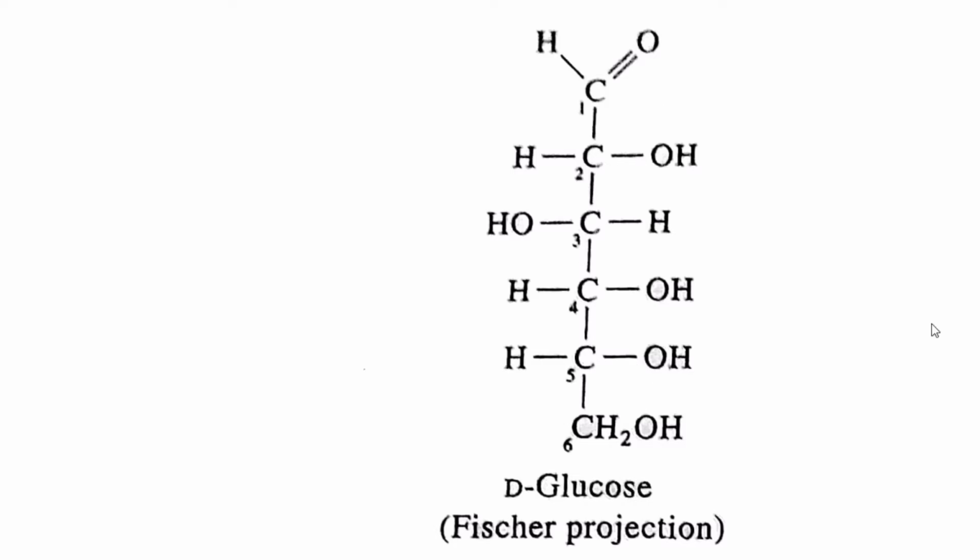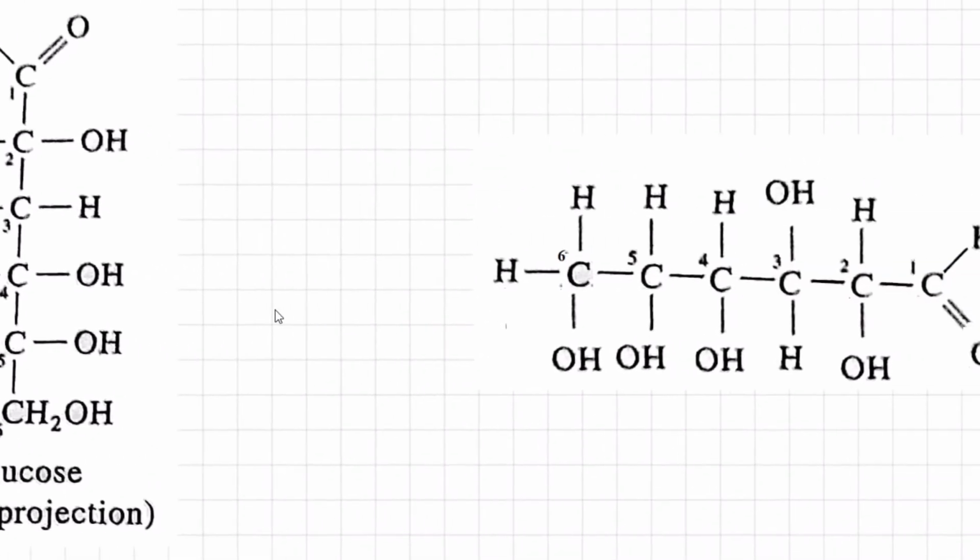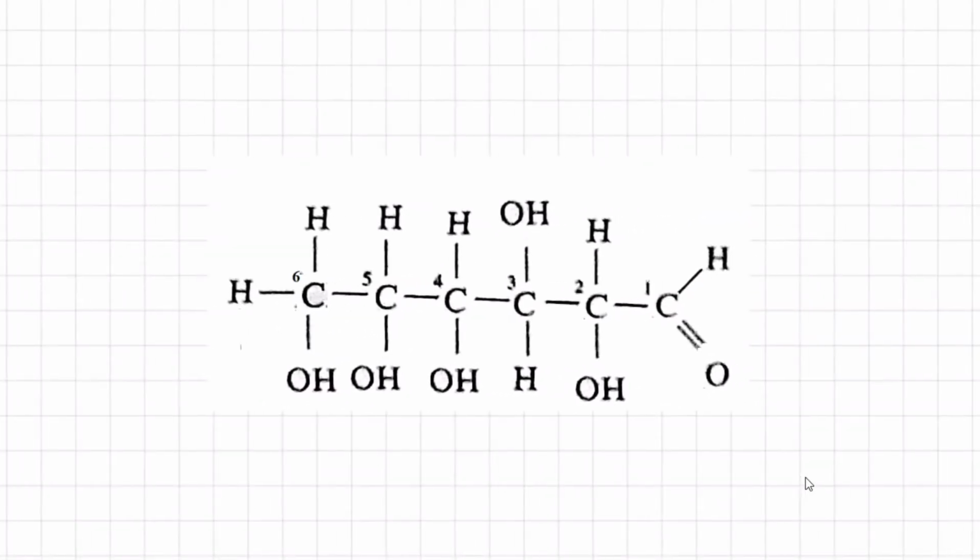So similarly, when an intramolecular cyclic hemiacetal is formed within this linear chain or open chain structure of glucose, what will happen? The glucose will undergo the process of cyclization and change from a linear structure into a ring structure. I can simply rotate this to the right by 90 degrees, and I can draw it like this as well.